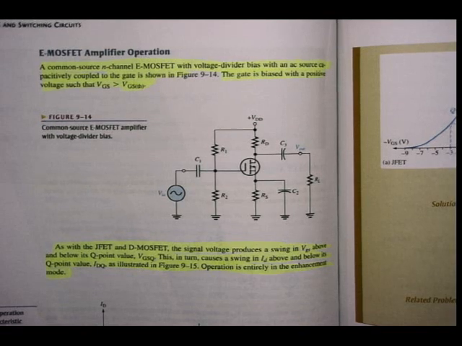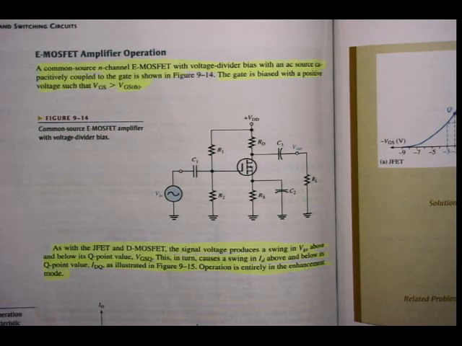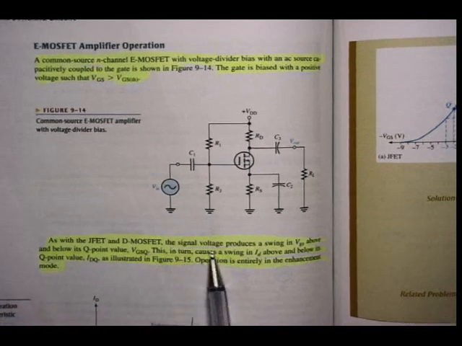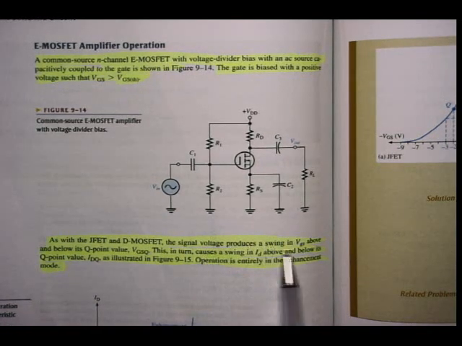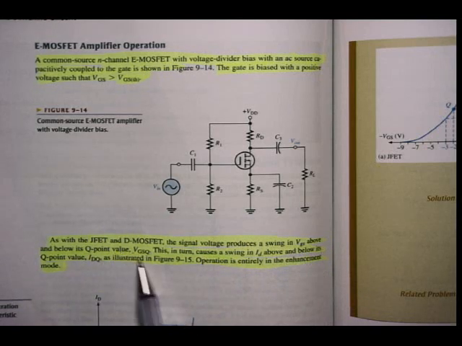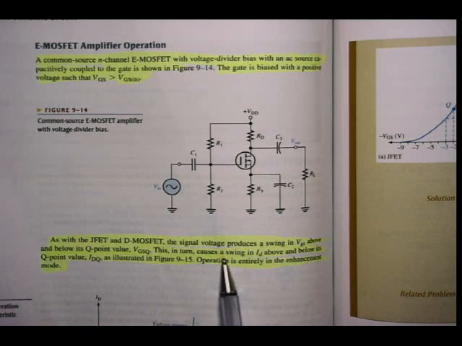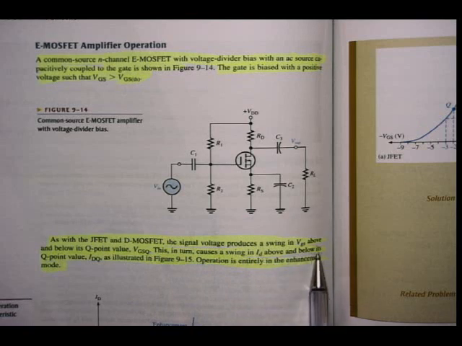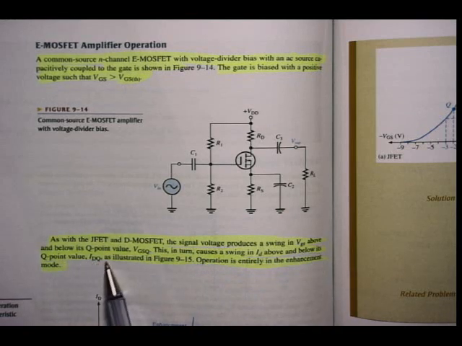As with the JFET and the D MOSFET, the signal voltage produces a swing in VGS above and below its Q point value VGSQ. This in turn causes a swing in ID above and below its Q point value IDQ, as illustrated in 9.15.